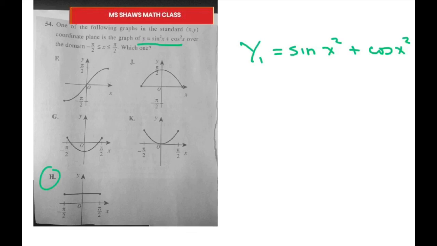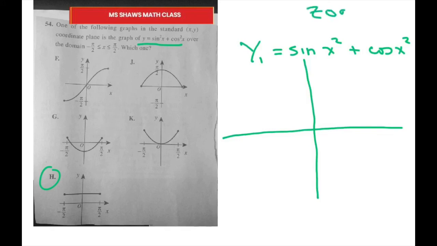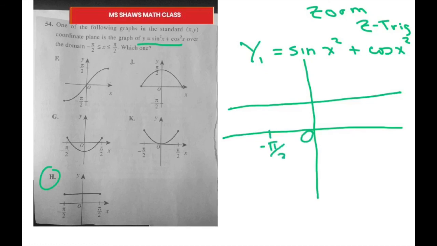If you go to zoom, do ZTrig, it helps you better. And it gives you this whole line right here. This is 1. But we only want from negative pi over 2 to pi over 2. So I think that's the easiest way to do this problem. And that's it for that.